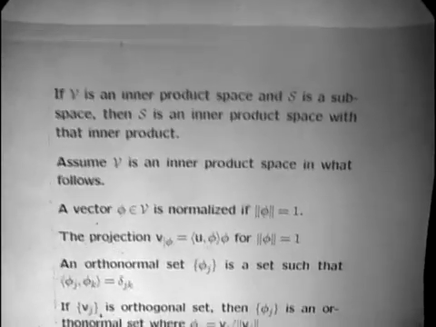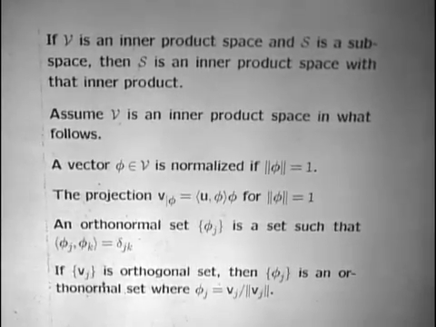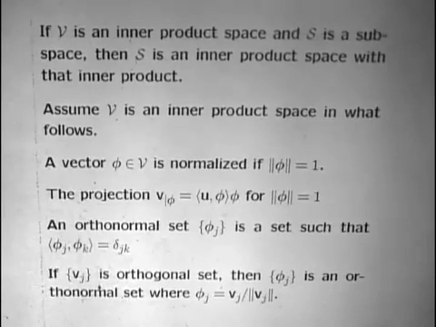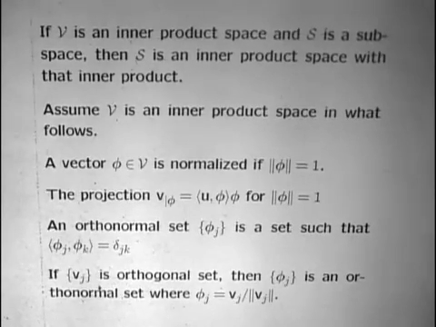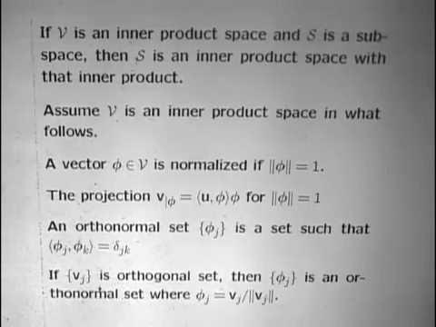Okay, if we have a vector space which is an inner product space, in other words, if we add this inner product definition to our vector space, and then I take a subspace of it, that can be defined as an inner product space also with the same definition of inner product that I had before, because I can't get out of it by linear combinations, and the inner product is defined for every pair of vectors in that space.